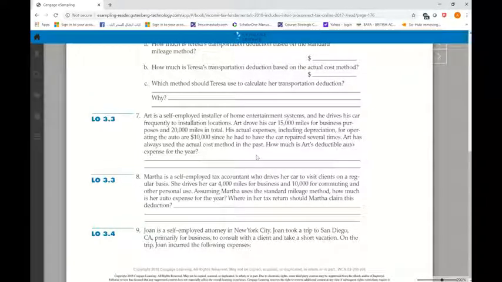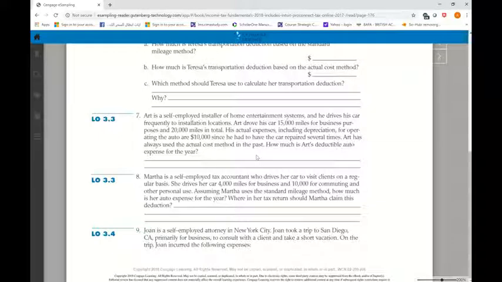Art drove his car 15,000 miles for business purposes and 20,000 miles in total, which means we have 5,000 miles for personal use. His actual expenses, including depreciation for operating the auto, are 10,000 since he had to have the car repaired several times. Art has always used the actual method in the past. How much are Art's deductible auto expenses?